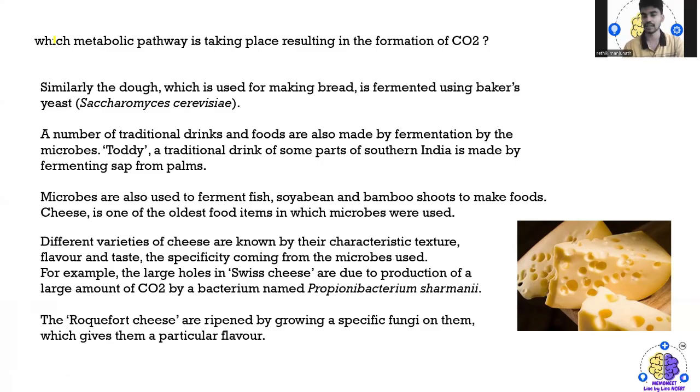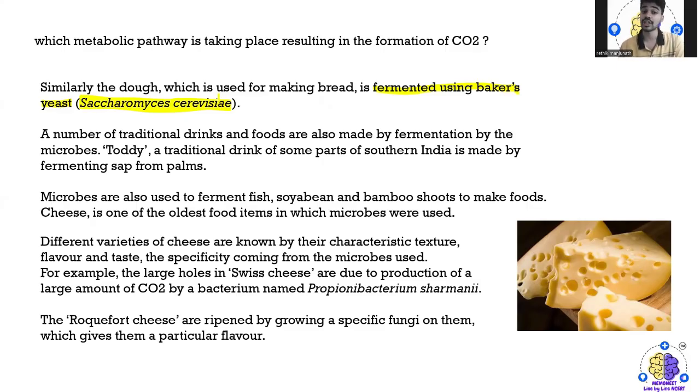Similarly, when you're preparing bread you might have seen holes, gaps, and that is also because of fermentation, using baker's yeast. Saccharomyces cerevisiae is actually called baker's yeast, very important.